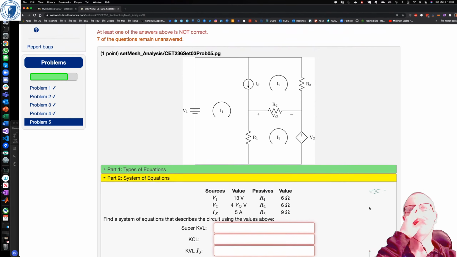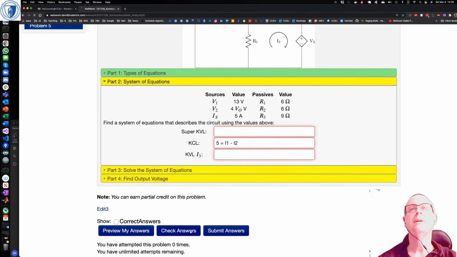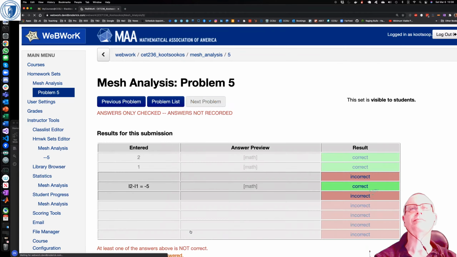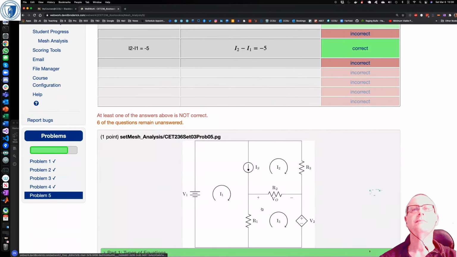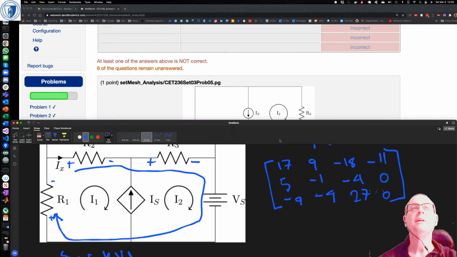Let's have a look at the KCL equation, right? IS, which is 5, is equal to I1 minus I2. I2 is going in the wrong direction. And then let's just have a quick look at what that means here.